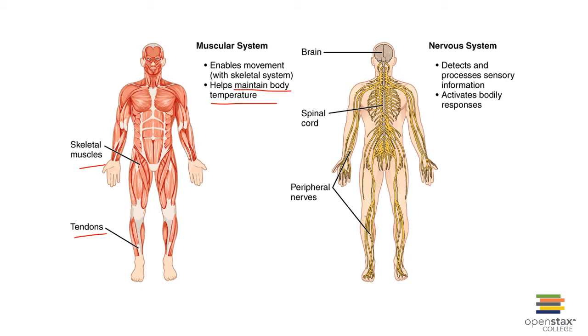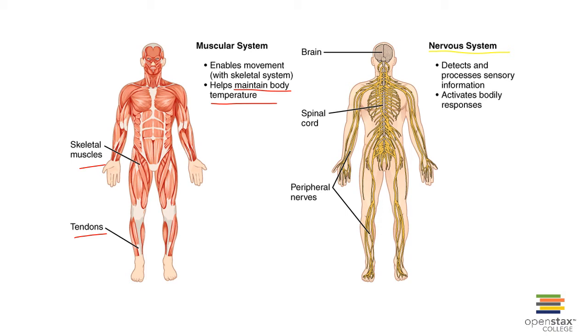Our nervous system helps detect and process sensory information and activates body responses. I like to think of the nervous system as kind of the control system. It helps organize everything in the body, and it does it really fast. We're going to see another system called the endocrine system that helps activate body responses and process some information, but it's a very slow moving system.